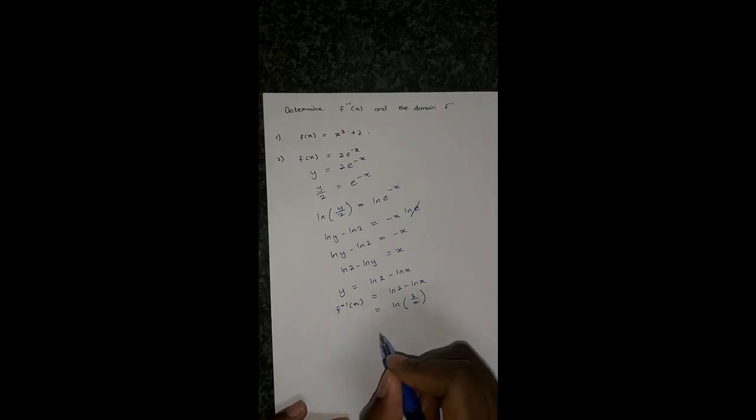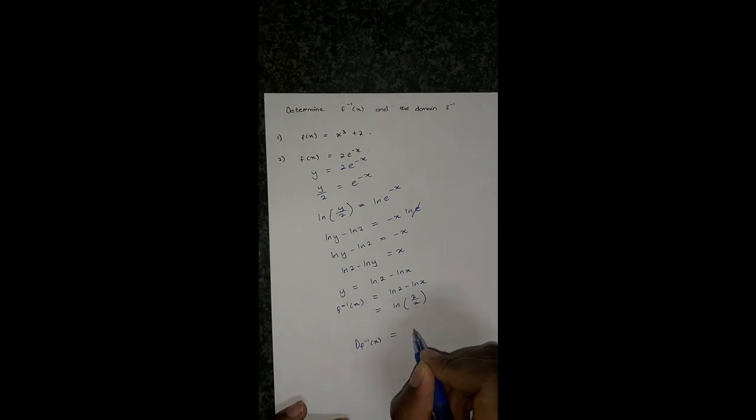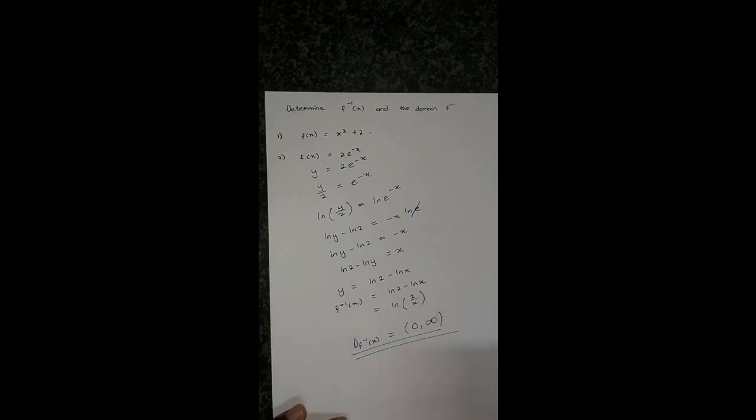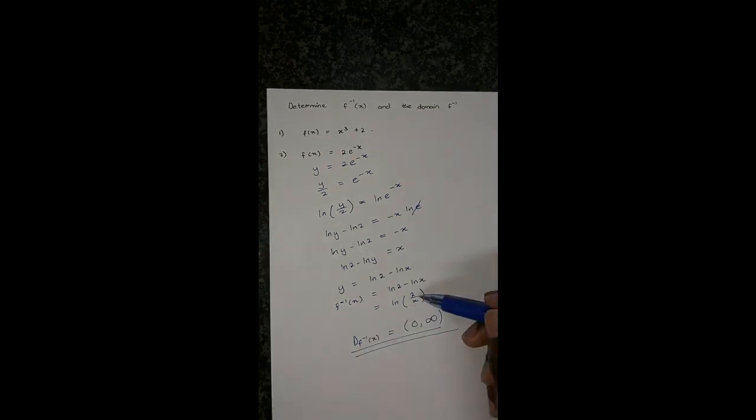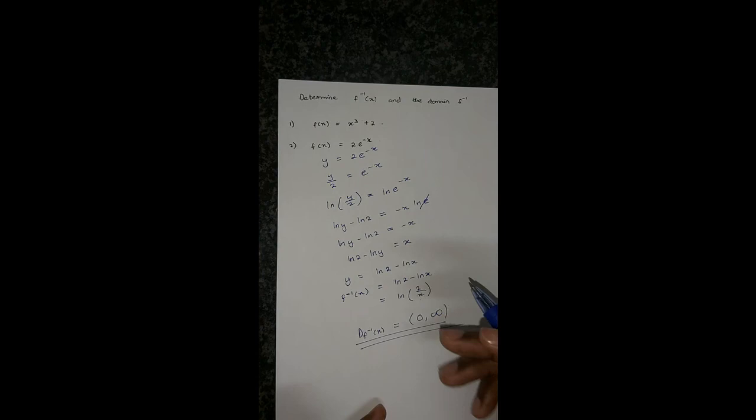So our domain of f inverse of x is equal to 0 to infinity, like that. Also, you can even look at this part. We know that ln can be negative and the denominator cannot be 0, so it's a positive number. So that's why we have 0 to infinity.